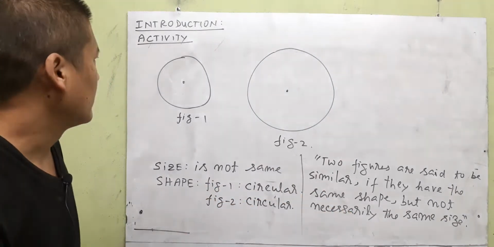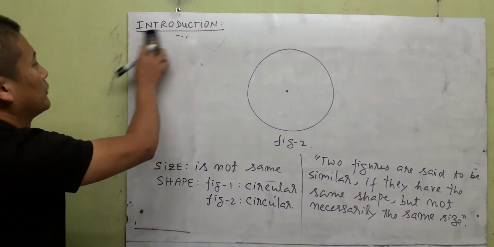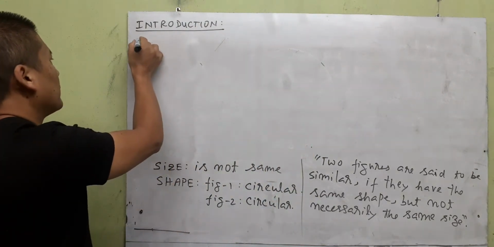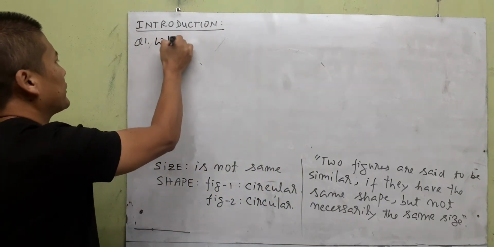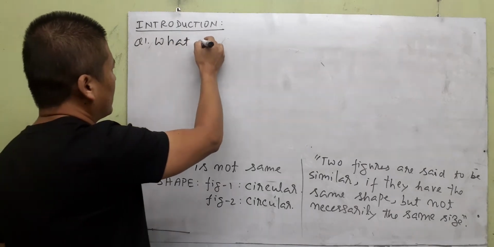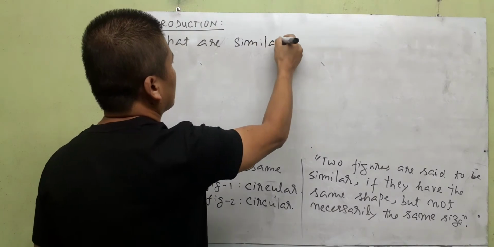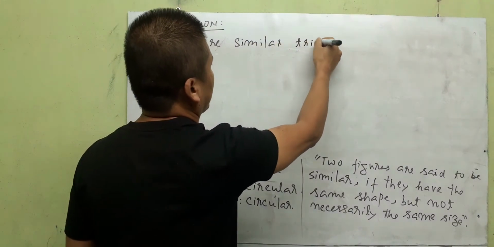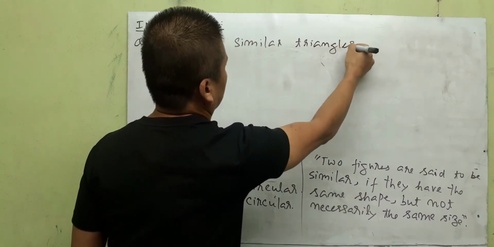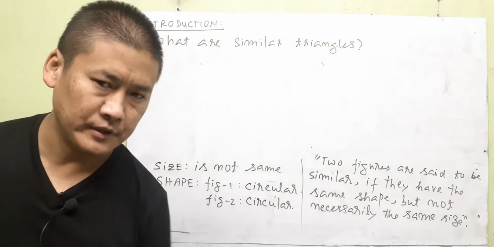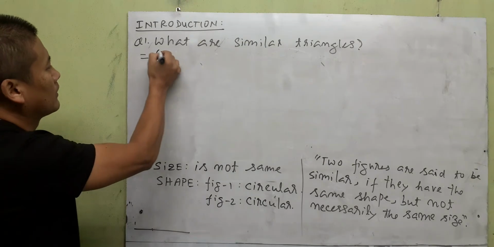Okay, so let us now go to the main topic, having done this activity. And the first question, let us do this, important: what are similar triangles then? That's our topic, right? So we have understood what similar figures are, so this should be quite easy. Let us write it together.